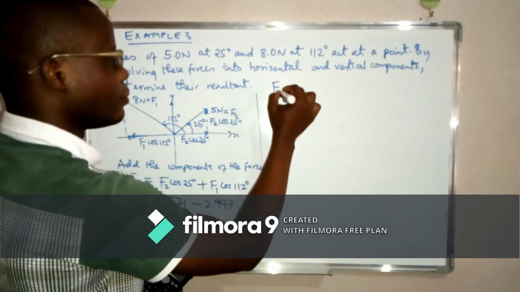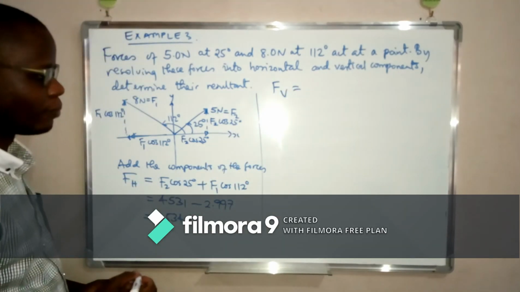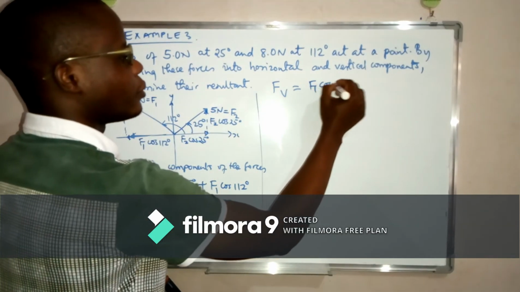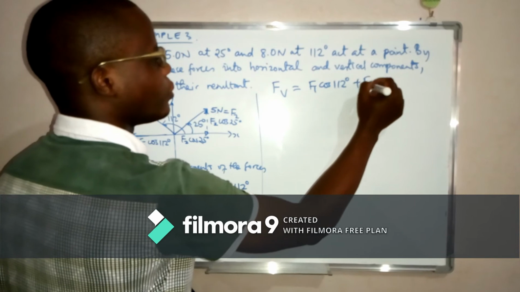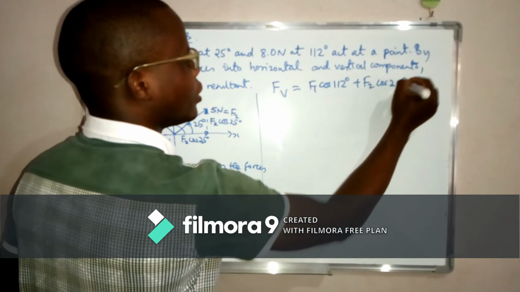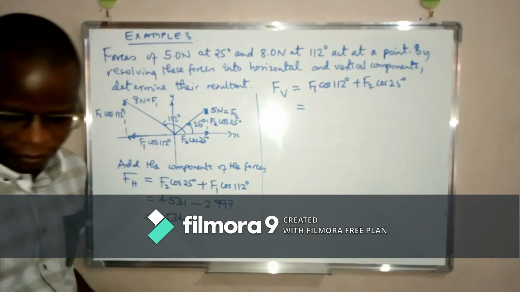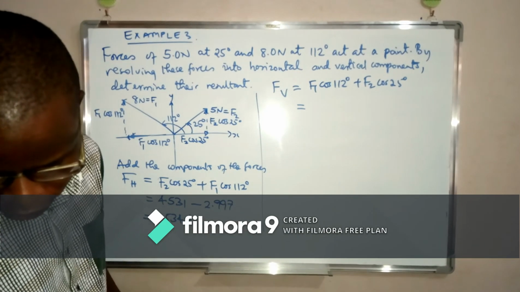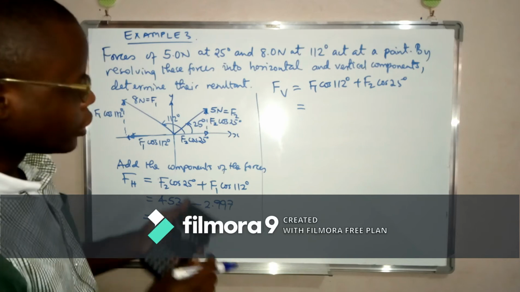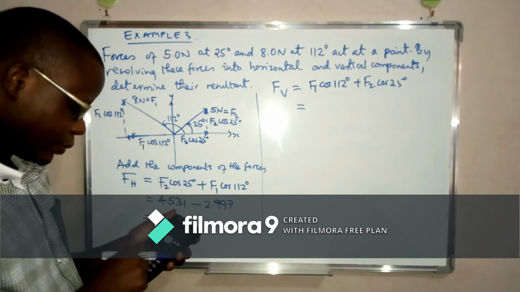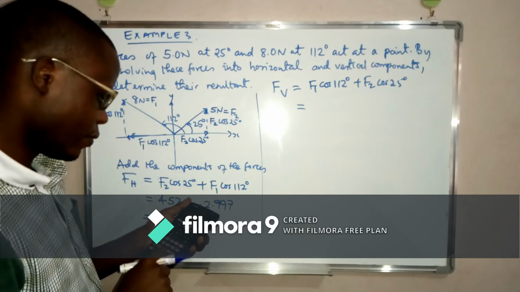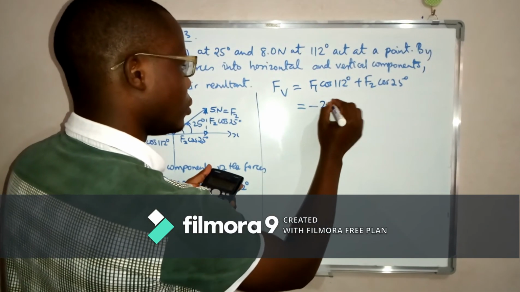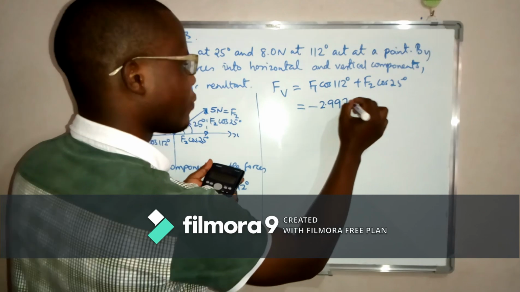And then we do the same for the vertical components. For the vertical components, we add F1 and F2. So when you work out F1, which is 8 cos 112, you get negative 2.997.